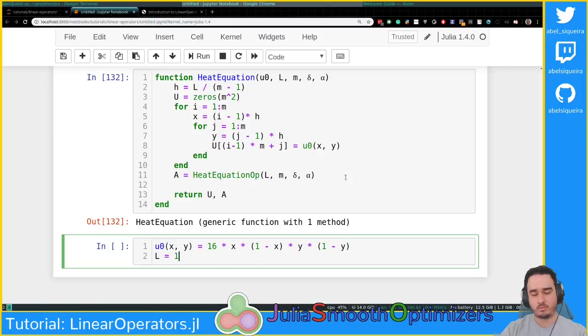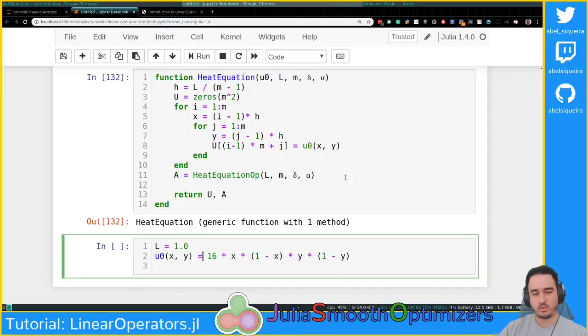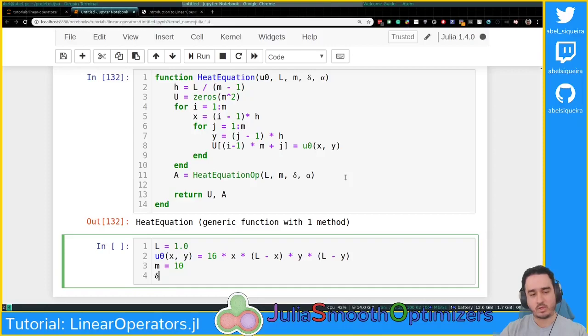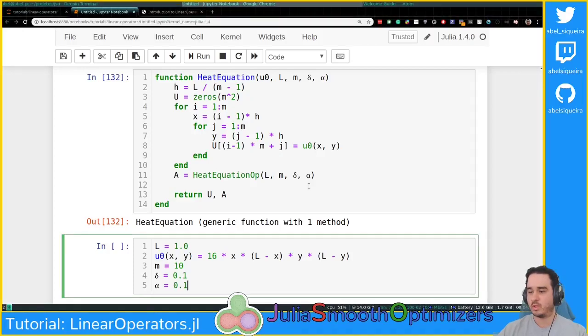You know the size of L. You know the size of your plate is gonna be L by L. I'm gonna use 1 here. I'm gonna use 10 points. I'm gonna use a time step of 0.1, and I'm gonna use an alpha of 0.1 as well.